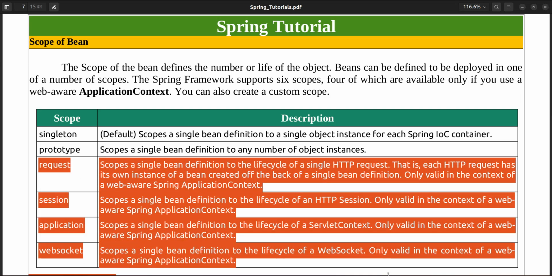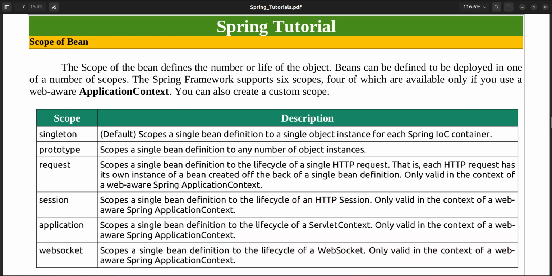When we develop a web application, then we will see where those scopes can be used, because the requirement is that your application should be running on a web container. If your application is running standalone, then you cannot use request, session, application or WebSocket. That's why they are only for web-aware applications, which run in a web container. We will see that later.